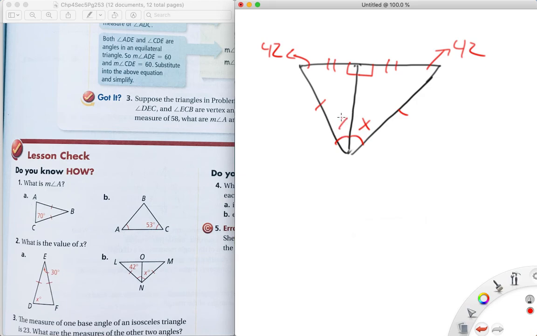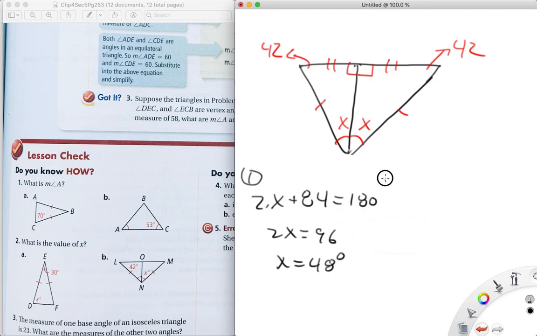And then I can say that that's x. So I can say that it's 2x plus 42 plus 42 is 84 equals 180. So 2x equals 100 take away 4, 96. X equals 48 degrees. So that's the way that I usually do it.